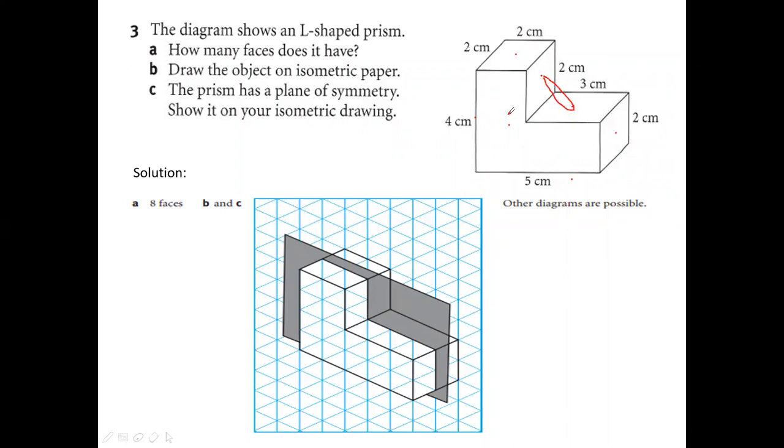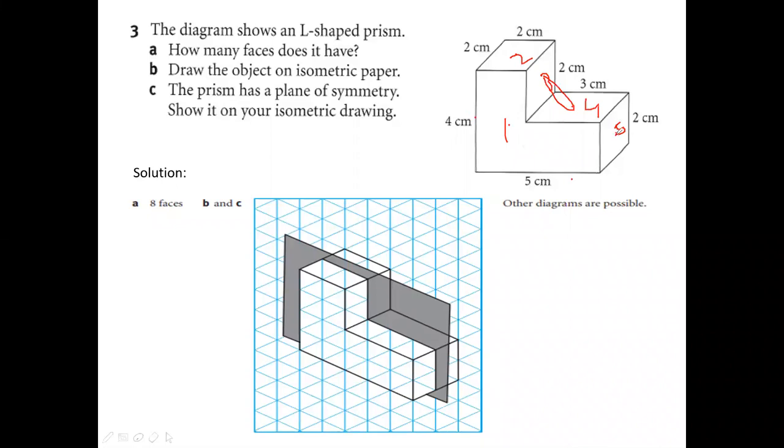How many faces can't we see in the picture? Because it's a 3D figure, all the faces are not visible from one direction. How many faces are visible here? 1, 2, 3, 4, 5. 5 are visible. And how many are not visible?